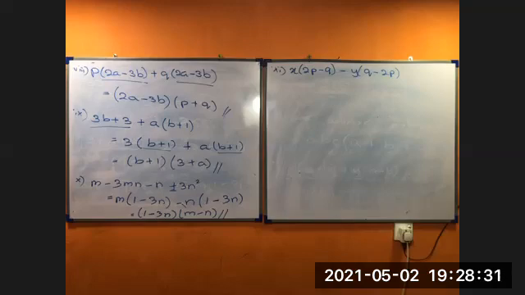Okay, we have one answer, x plus y times 2p minus q, and we have another answer, x minus y times 2p minus q. Okay, any other answers? Okay, we have 2p minus q, x minus y, q minus 2p. Okay. Any other answers?